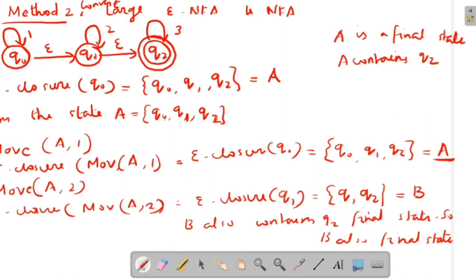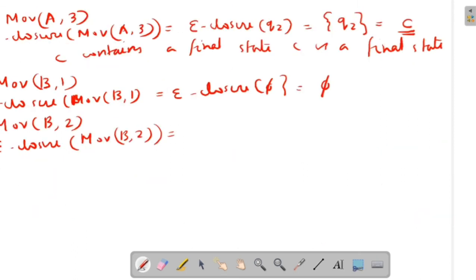From q1 there is a transition over the alphabet 2, that is q1 itself. Then q2 there is no 2 transition, so that is q1. That is epsilon closure of q1, that is equal to q1 q2. Okay, that is equal to B itself.